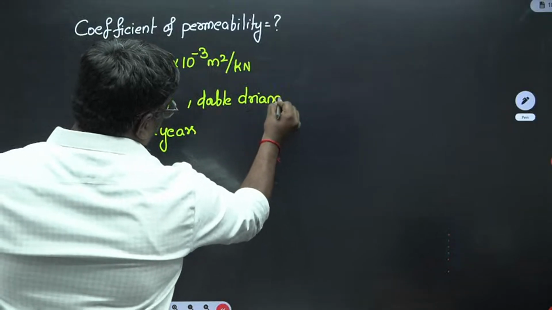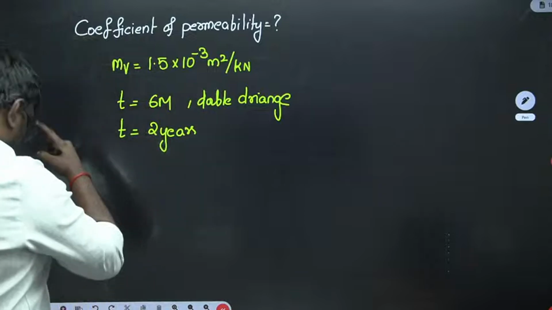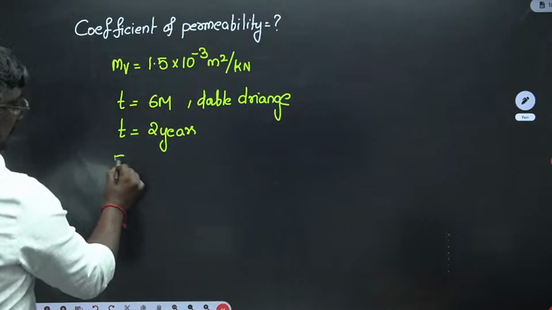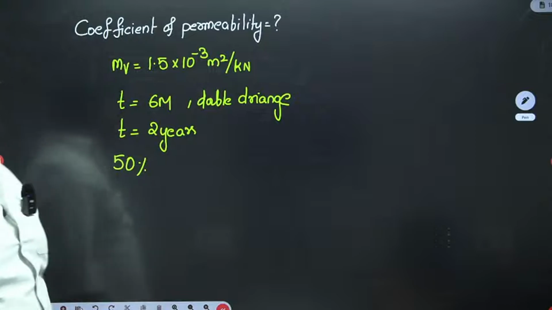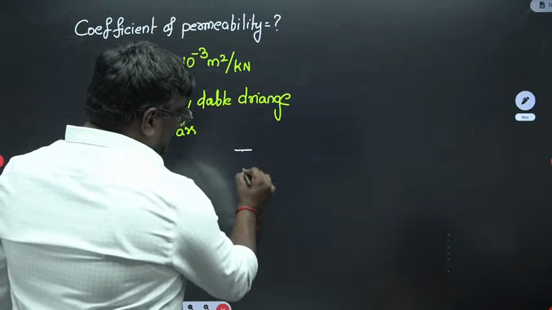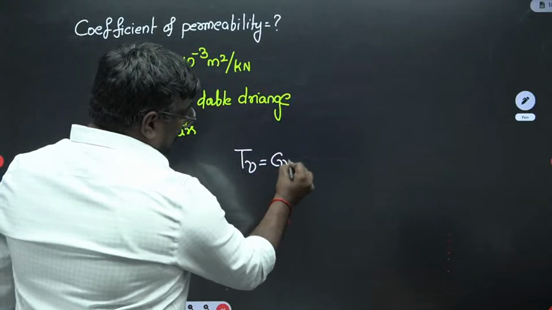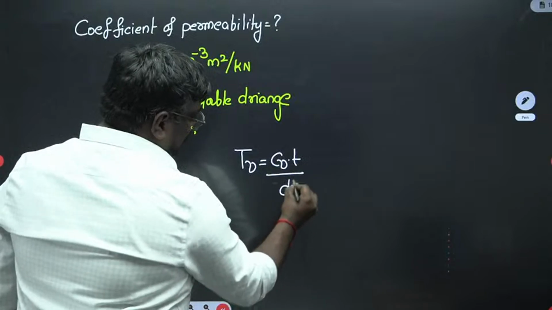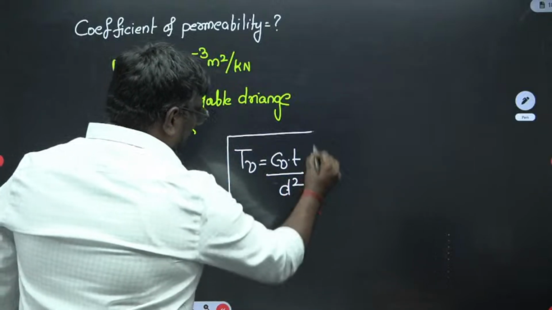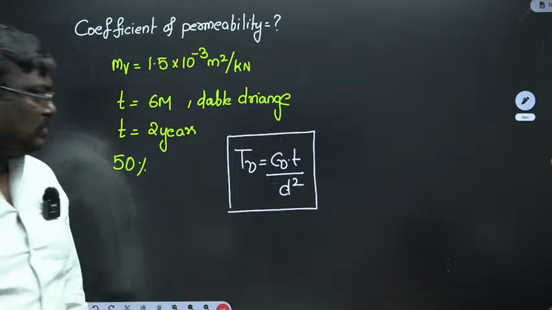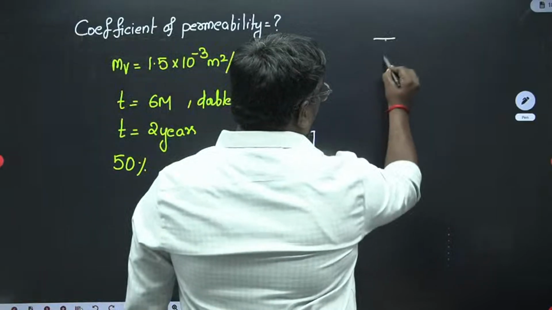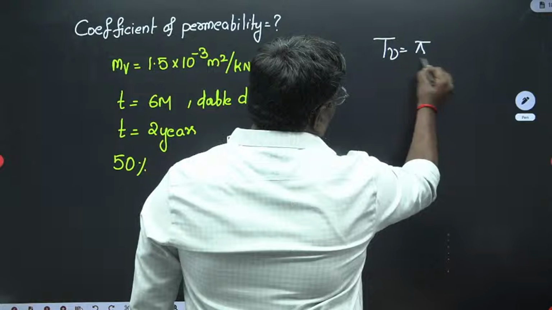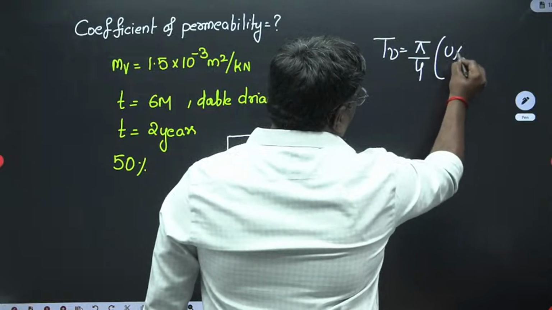They have given 50% consolidation. Now, you know the time factor Tv is equal to Cv t upon d square. Agree? Tv is equal to pi by 4 into U percentile by 100 whole square.